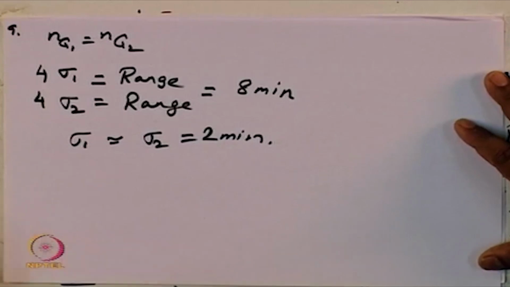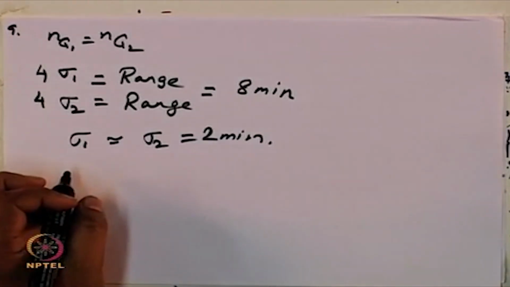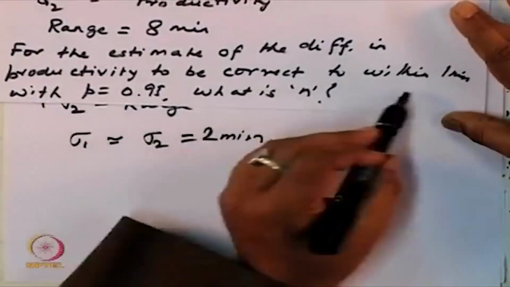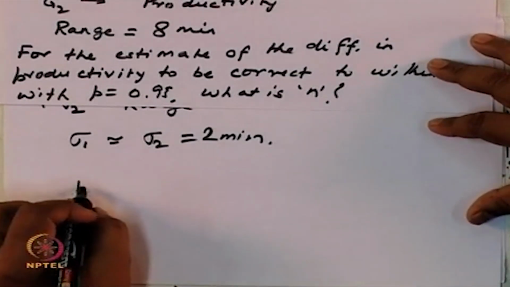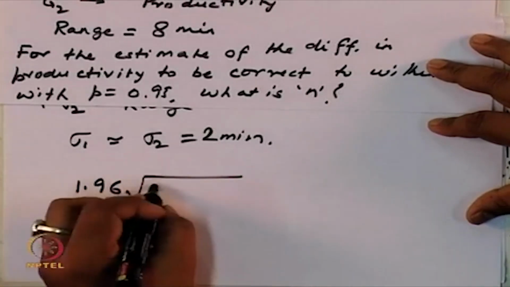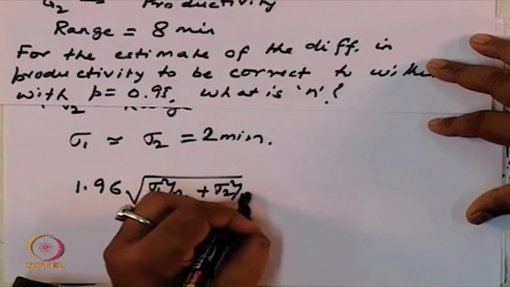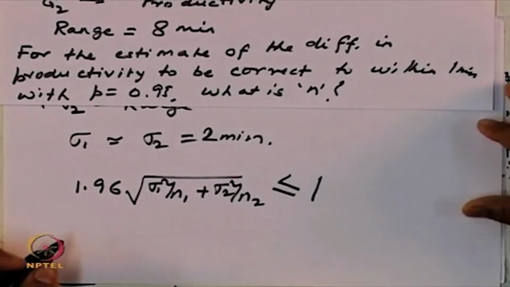You want the difference in productivity to be correct to within 1 minute. So, the difference in productivity is given by 1.96 times, and this is less or equal to 1 minute.